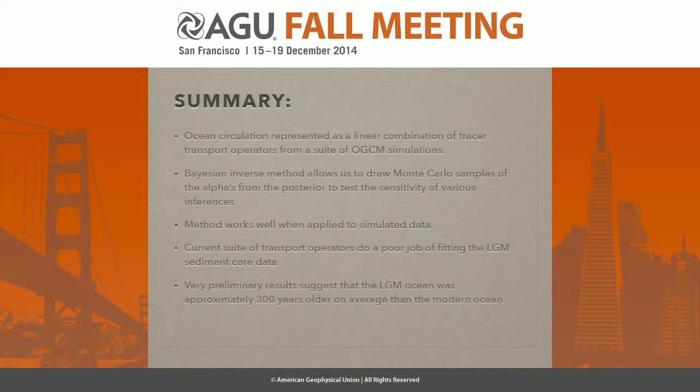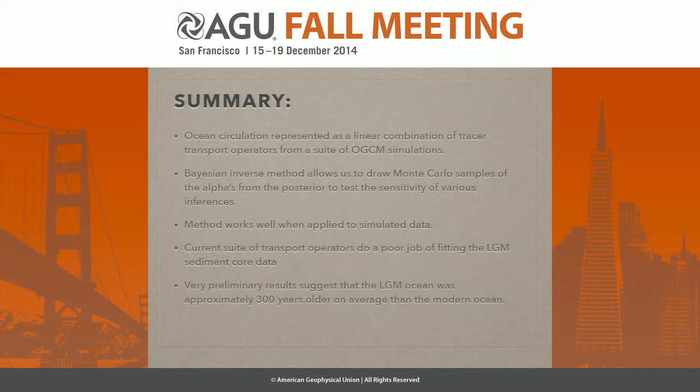So the ocean circulation in this estimation method is represented as a linear combination of tracer transport operators from a suite of OGCM results. And then we use the Bayesian inverse method to reconstruct the linear combination of these transport operators to fit the data. And the nice thing about this is after you've gotten this posterior distribution, you can then go back and randomly sample these weights that we've got the posterior PDF for, and then you can explore the sensitivity, or you can get some error bars on your inferences that you would make with this tracer transport method.